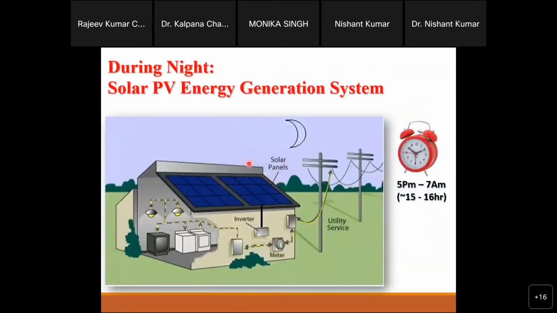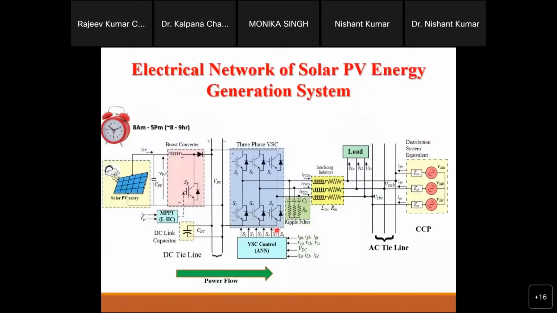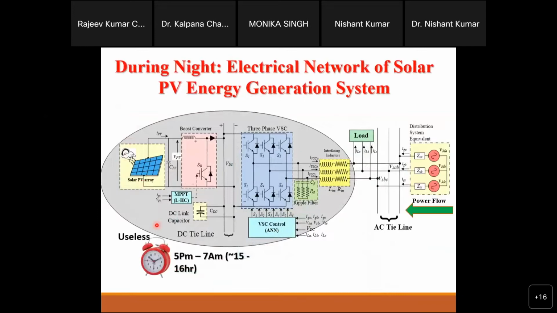So if this is working for only 8 to 9 hours, what is the use of this system for the rest 15 to 16 hours? The system means all these panels, all those converters, the capacitors. You will see this network is the actual grid connected network, and this portion will not work in the night.